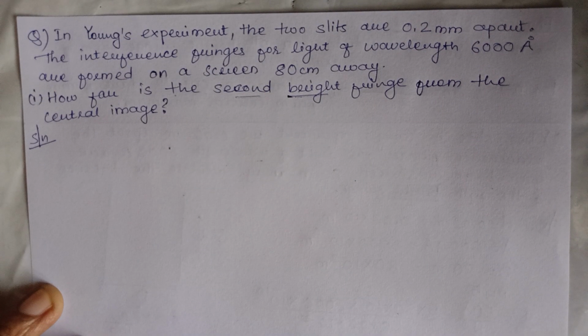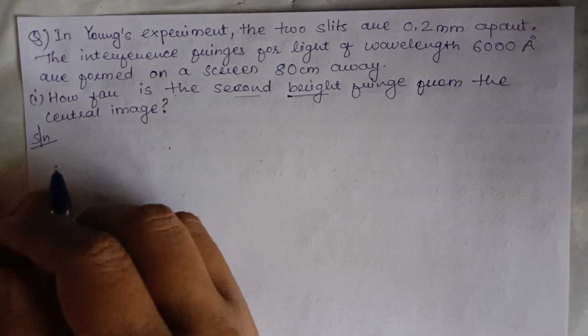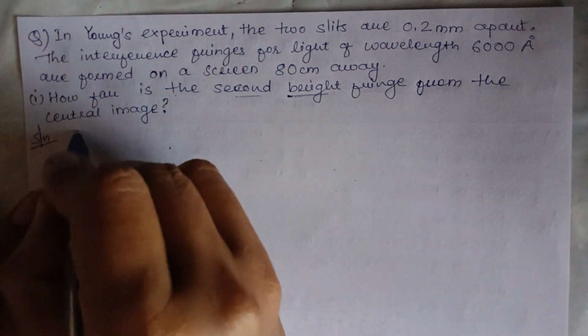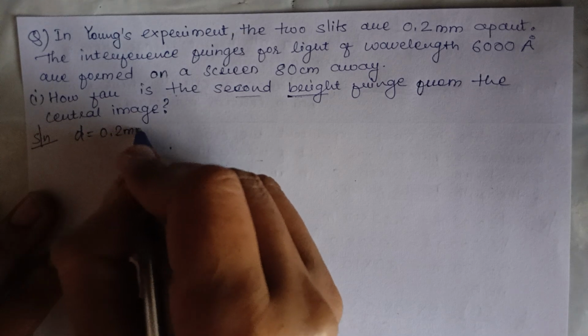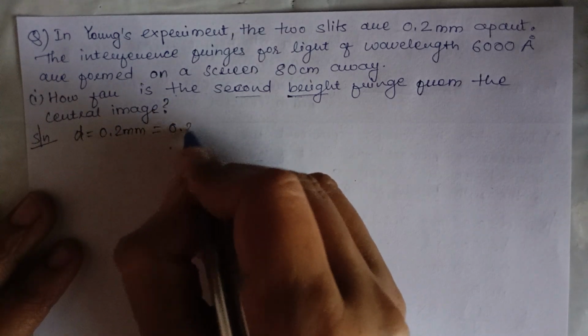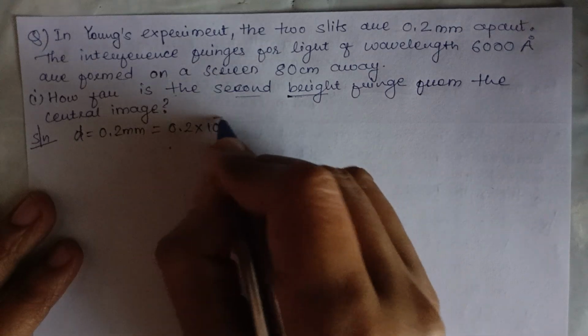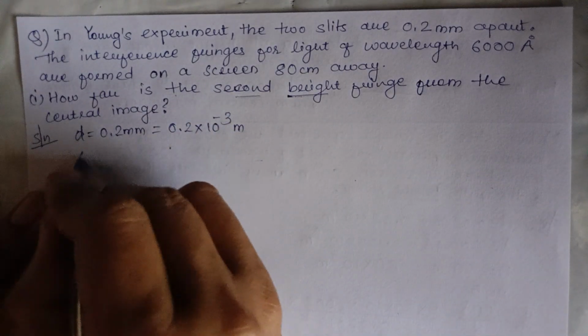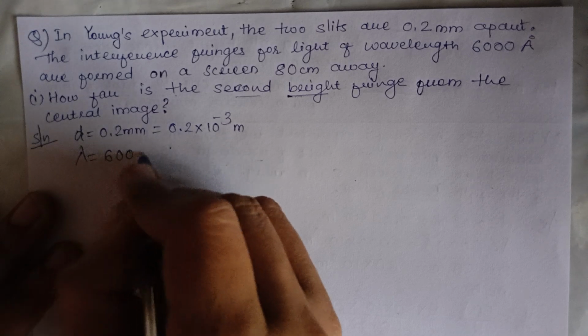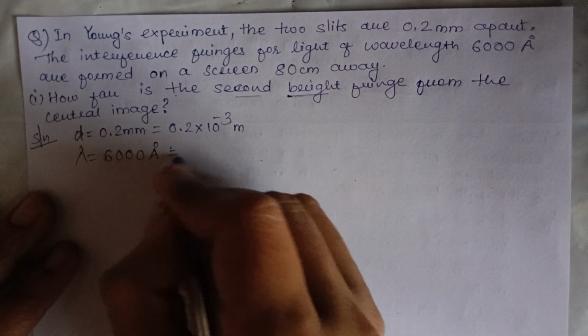So let's write what is given. Two slits are 0.2 mm apart. So small d is 0.2 mm, 10 raised to minus 3 meter. Okay. Then lambda is given 6000 angstrom.